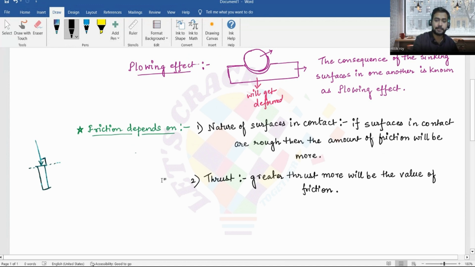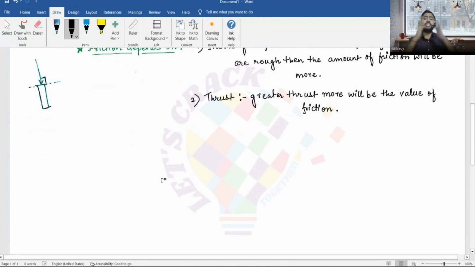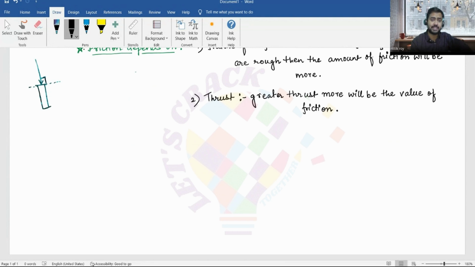Now basically friction is broadly classified under three headings. So what are those three headings?